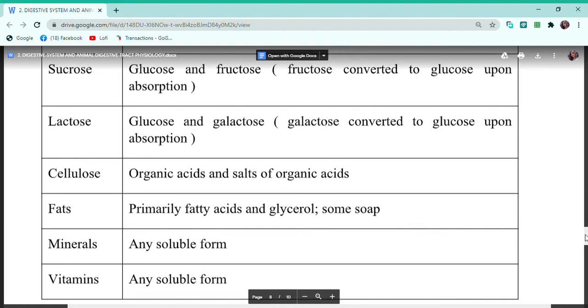So usually yung mga enzymes, ang huling letters nila ay ASE. Yun ay enzymes. Yun nga, sabi ko, sucrose, ang enzyme noon ay sucrase. Okay? Lactose, lactase. So these are mostly protein in nature.